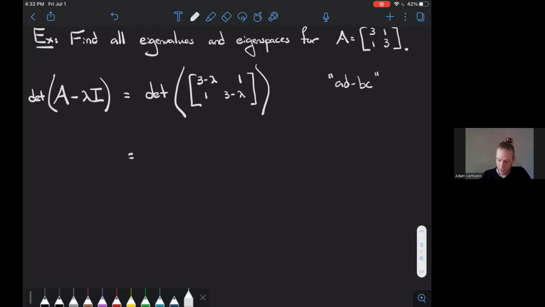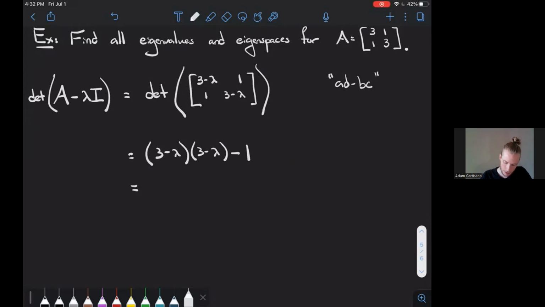So this is going to be, well, AD, that's the product of the main diagonals. So 3 minus lambda times 3 minus lambda, minus BC. But BC is 1 times 1, which is 1. Remember your polynomial multiplication.